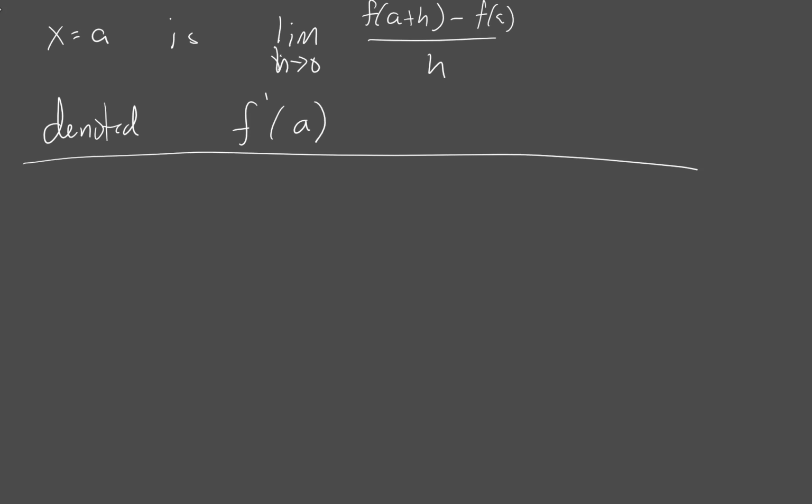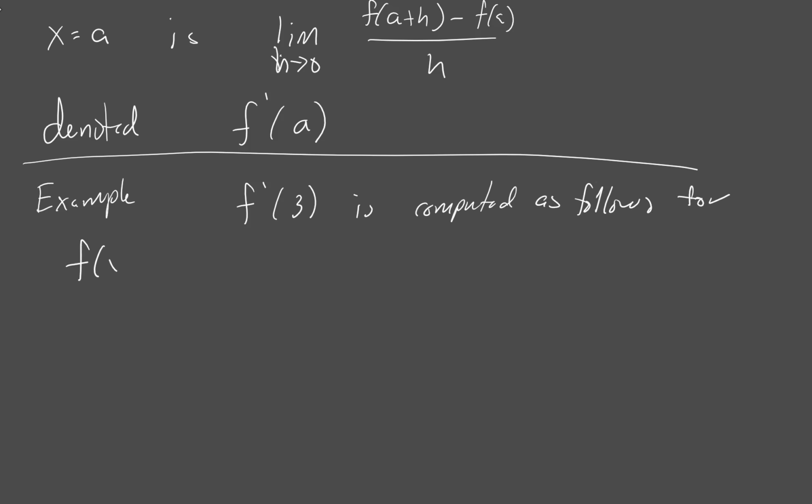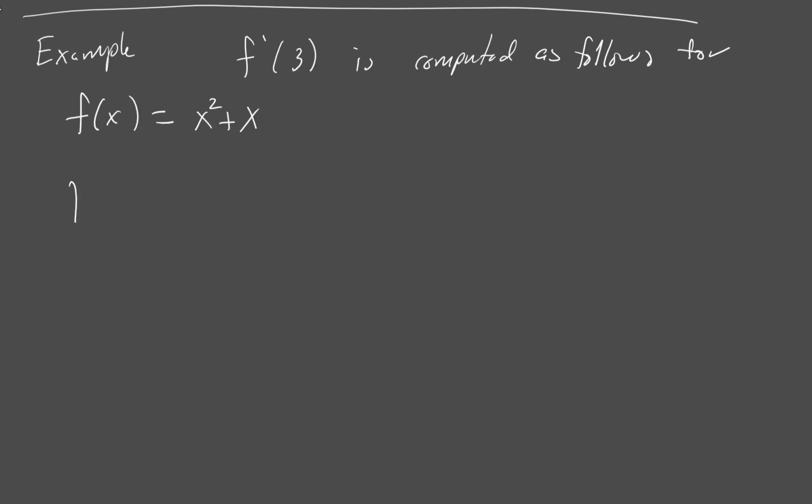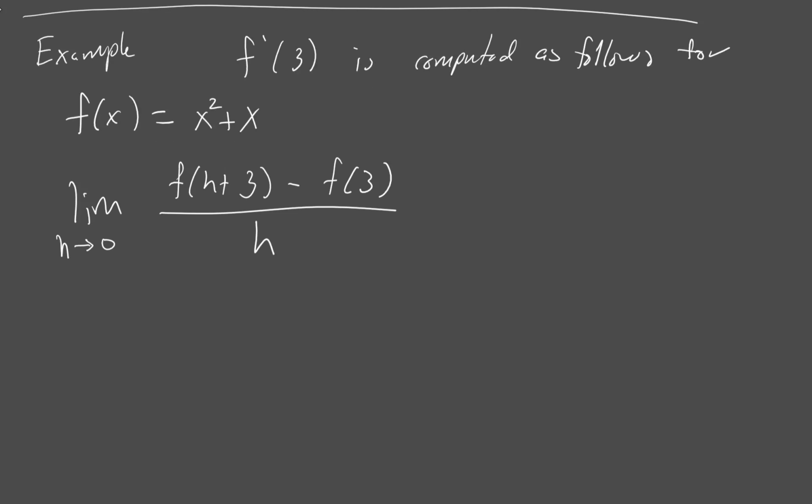Okay, so let's see an example of computing this, and then we'll do some geometric interpretation of this stuff too. Let's do an example. F prime at 3 is computed as follows, for f of x equal to x squared plus x. So we want the limit as h goes to 0 of f of h plus 3 minus f of 3 divided by h.